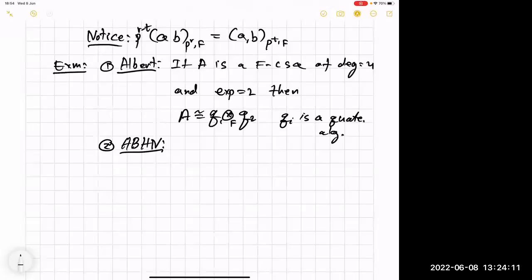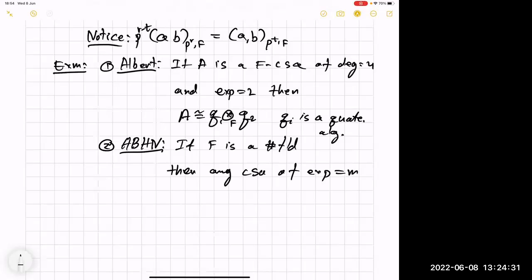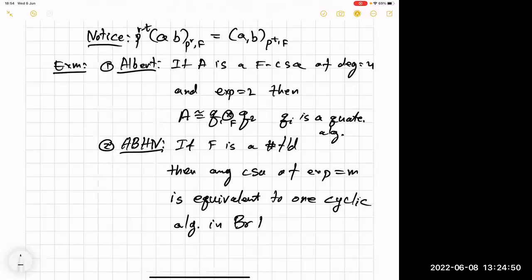So if F is a number field, then any central simple algebra of exponent, say m, is equivalent to one cyclic algebra in Brauer of F. Cyclic algebras are just symbol algebras when you don't have roots of unity.